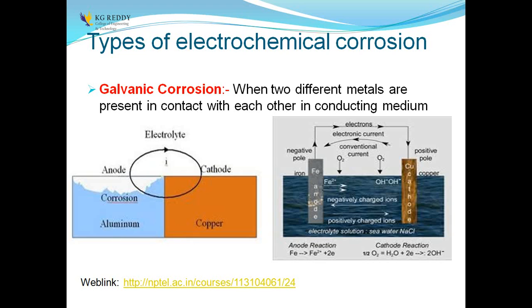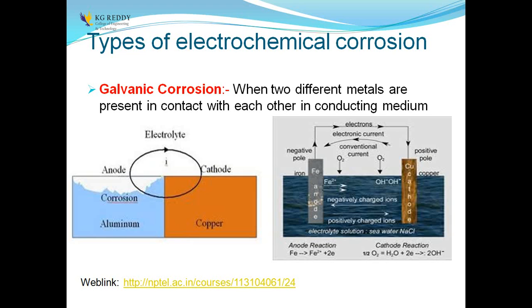The release of electrons always takes place from the anode, and the gain of electrons takes place at the cathode. The movement of electrons is always from anode to cathode, as decided by the IUPAC convention. IUPAC, the International Union of Pure and Applied Chemistry, suggested that electrons move left to right, or anode to cathode.